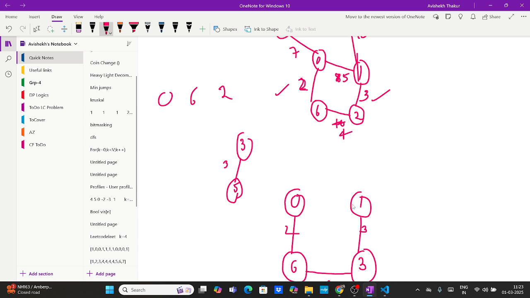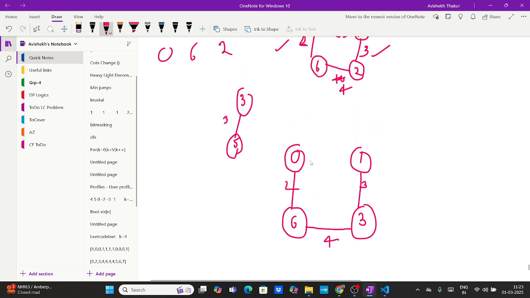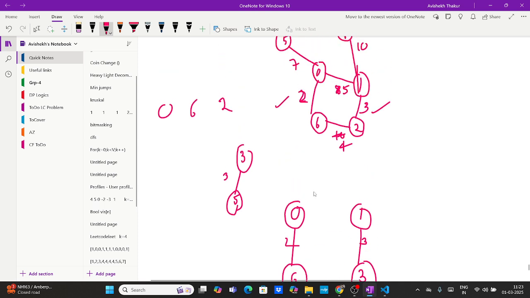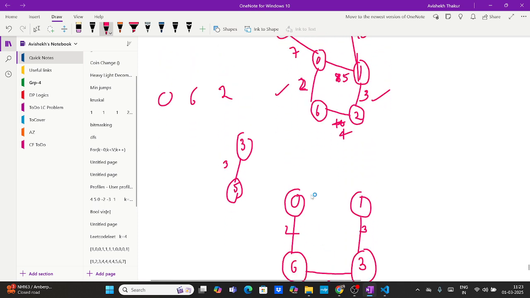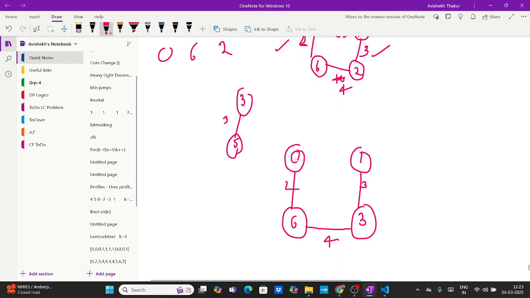The question is how you determine that a cycle is being formed. Think carefully. We started with the DSU concept only, right? So how can you say that adding an edge between 0 and 1 will form a cycle? Let's say the representative of 0 is 1.